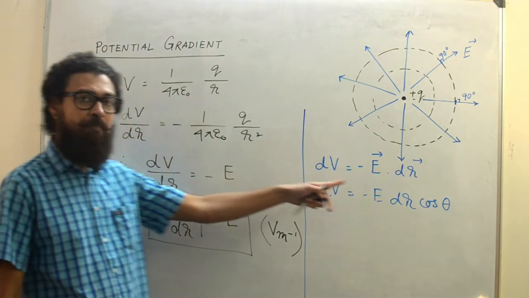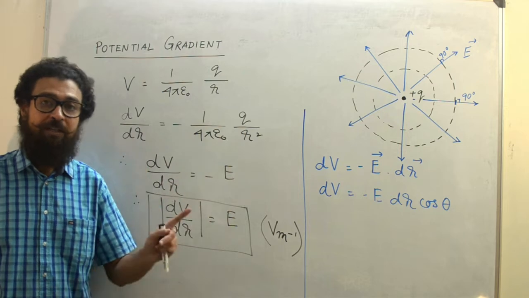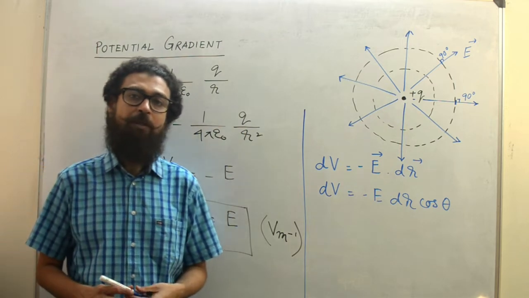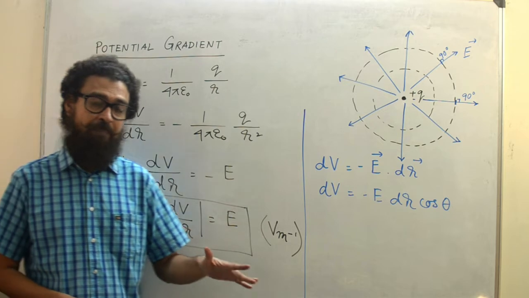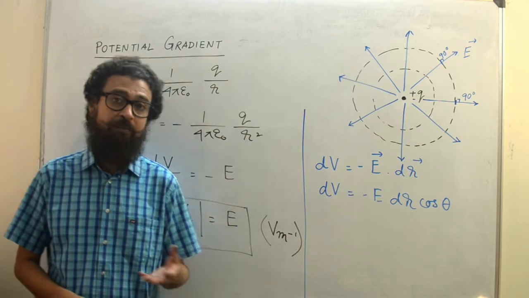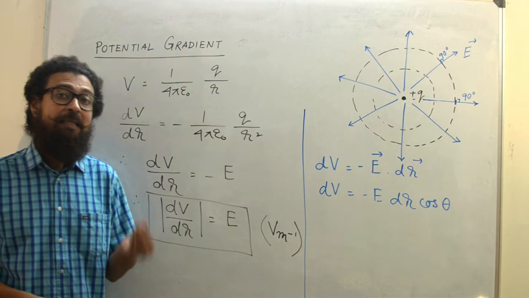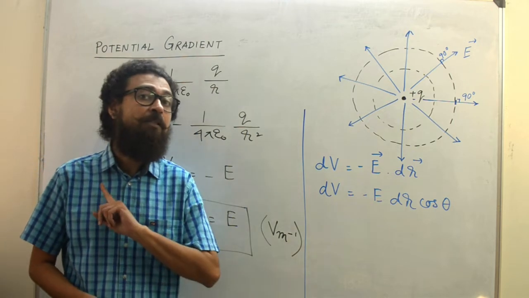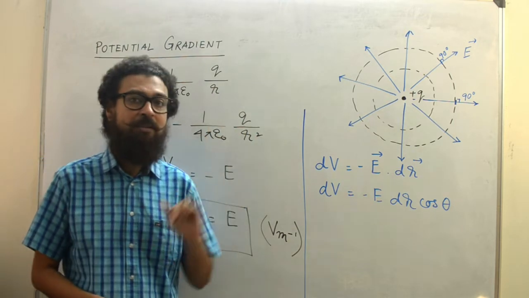And this is very interesting, because this is the first interpretation from which you can understand that potential is a scalar quantity. In lower classes, even I told you when you were in class 9 or 10 that potential is a scalar quantity. I never explained it to you. The only thing you had was an idea: it is a work done, so it is a scalar.